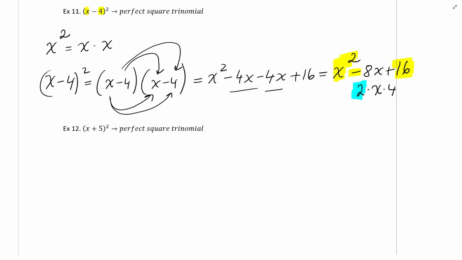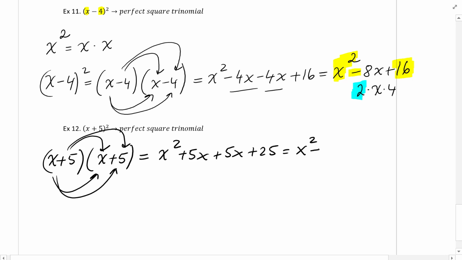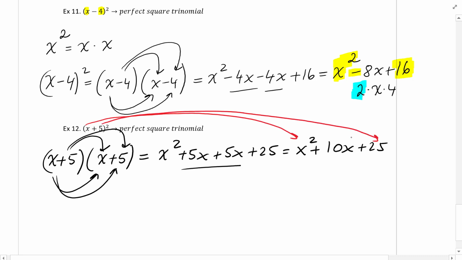And let's take a look at the last example. So again, x plus 5 times x plus 5, it's x plus 5 squared. And if we multiply, we get x squared plus 5x plus 5x plus 25. So we got x squared plus 10x, because these two are alike, plus 25. We basically got the first term squared, we got the last term squared, but we also got 2 times x times 5.